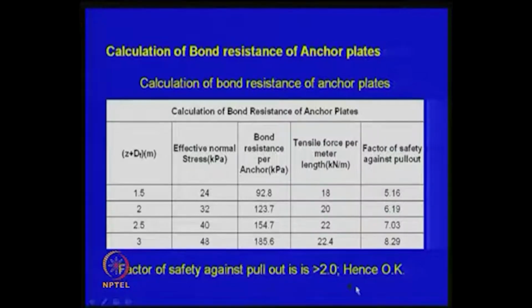Now you see that the factors of safety are more than required, and that is with B equal to 3 only, not when B is 1.5 meters. If you want, you can even reduce it. Now you got the bearing resistance as an important contribution.